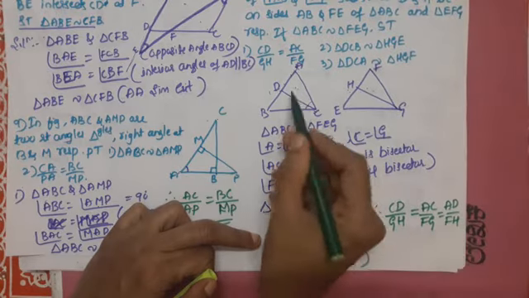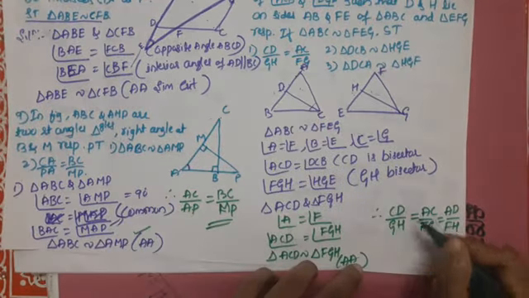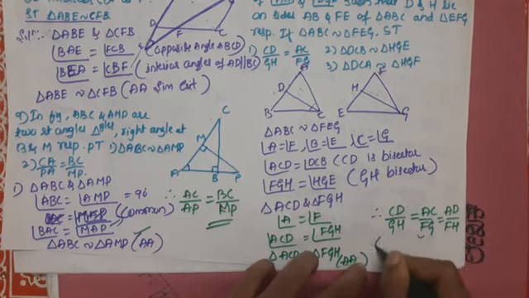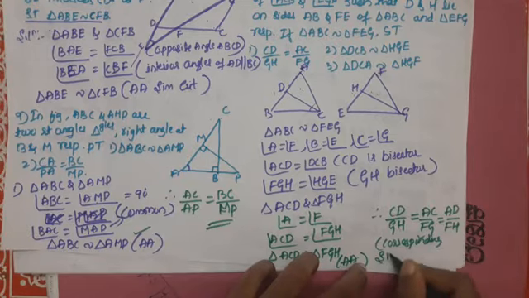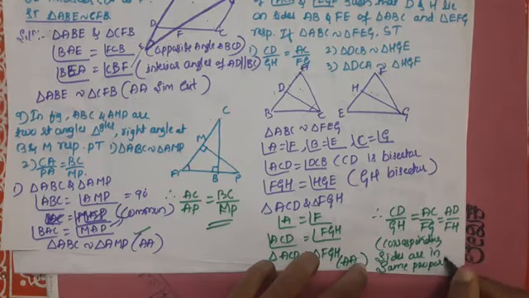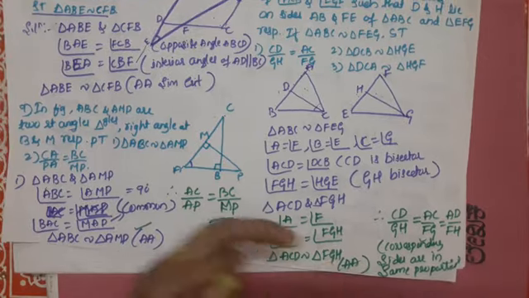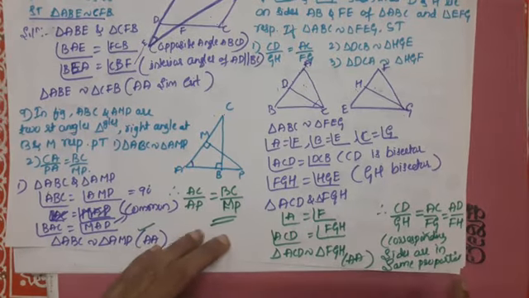This is the first proof. So this has been proved: if they are similar, the corresponding sides are in the same proportion.